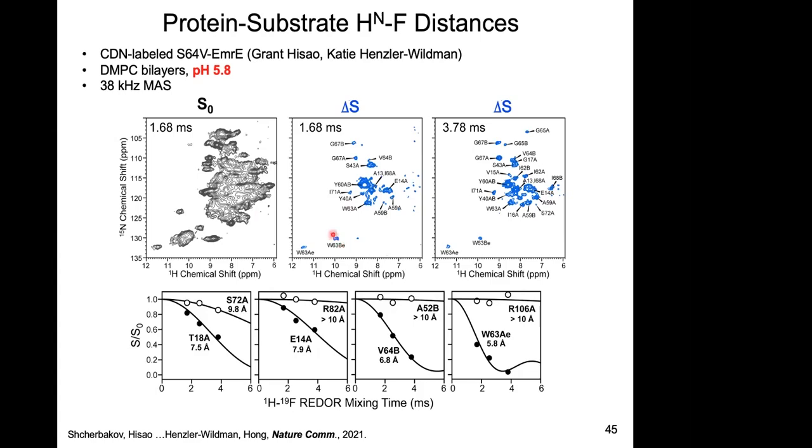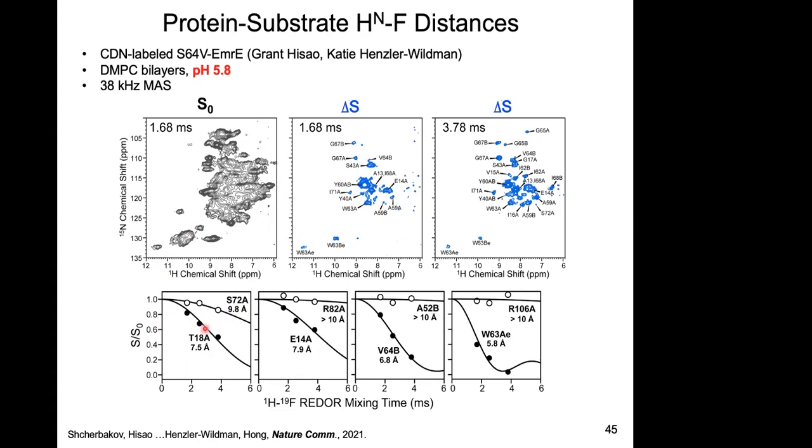Of course, we also have 3D experiments separately that allow us to assign the chemical shifts. This looks bad, but in the 3D, you'll see that it's actually very nice. And when I do 3D, I go to a 1.3 millimeter probe, and I'm spinning it up to like this. So I know the underlying chemical shift positions. Then we also do the REDOR in a quantitative way as a function of mixing time.